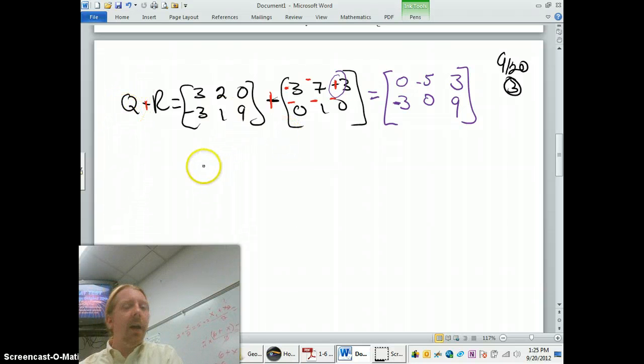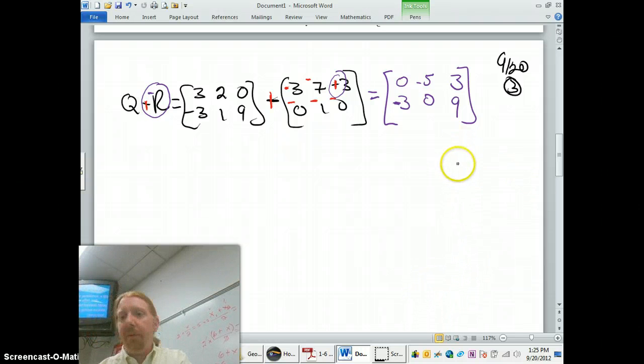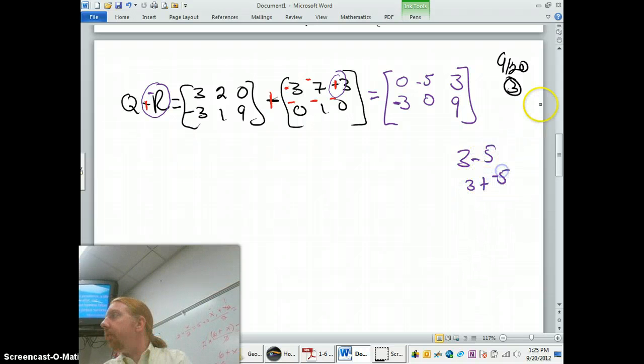I could skip that, but it kind of breaks some of the rules with the math. Because really, it's this minus the R that I'm saying is plus negative. That's why it works. And that goes back to what you did when you first did signed numbers. 3 minus 5 is the same as 3 plus a negative 5.